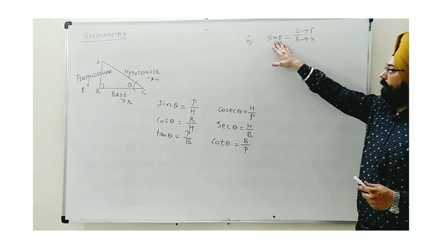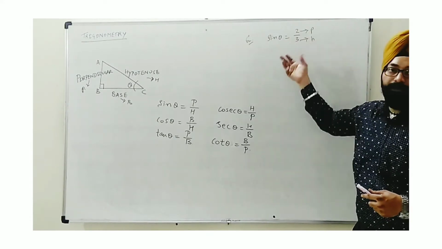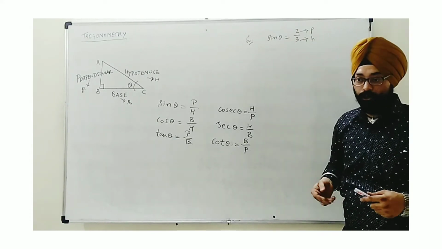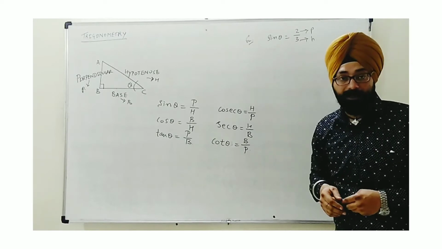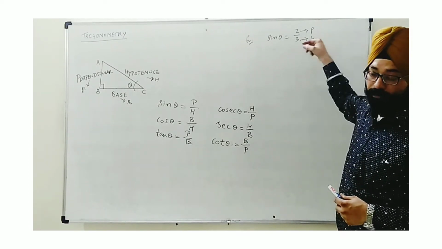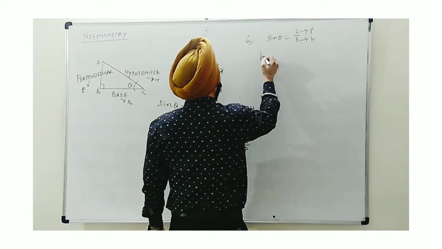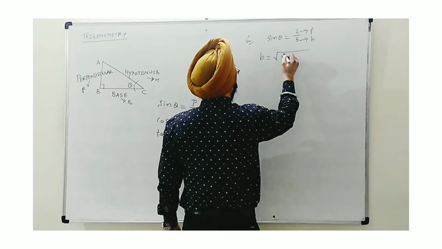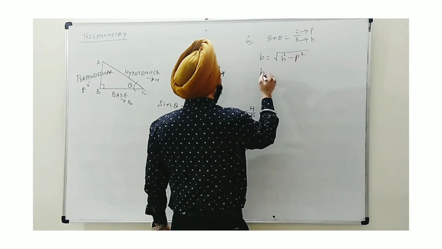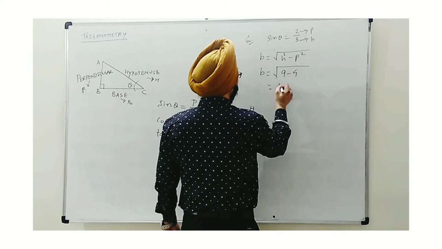So now the sine function, sine theta, its value is 2 upon 3. With the help of this, we have to find the value of the other ratios also, these remaining 5 ratios. So what do we do? With perpendicular and hypotenuse, we use the Pythagoras theorem to find the third side, the base. As we know, base is equal to the square root of h square minus p square. So base becomes root of 9 minus 4, which comes to root 5.